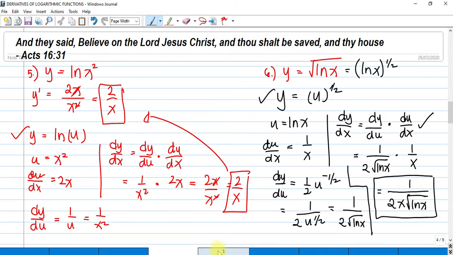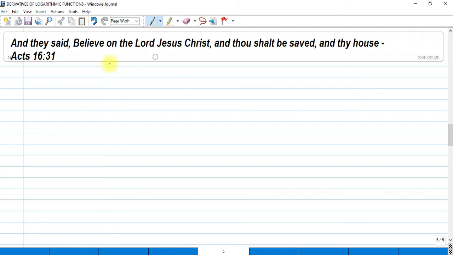Okay? So for number 7, the problem is y equals x ln of x. As you can see, this can be rewritten as x times ln of x. That is a multiplication, so we use the product rule here. Again, first we copy the u. Our u is x.